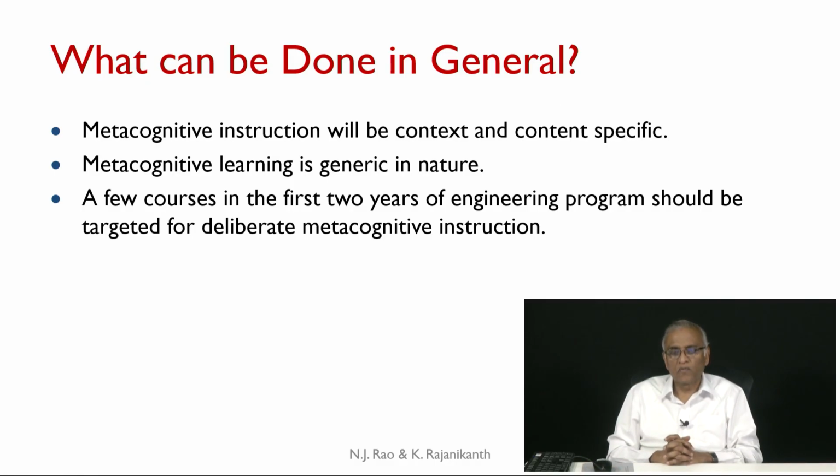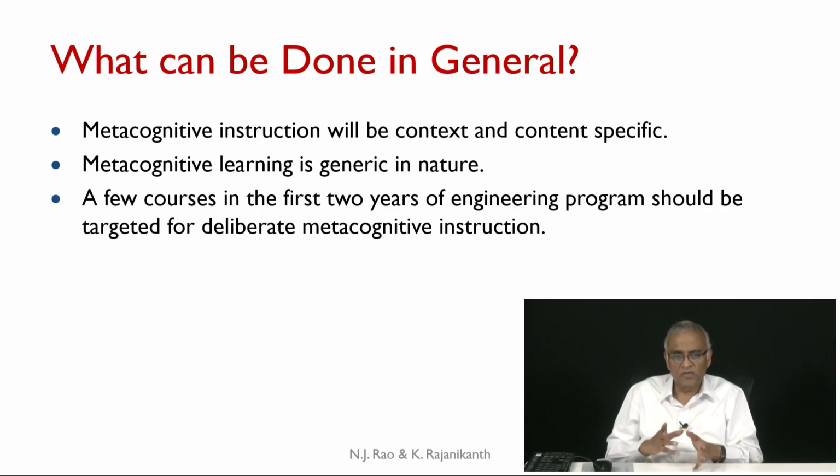And in general, what can be done about metacognitive instruction? First, metacognitive instruction will be context and content specific, as we have stated, but metacognitive learning is generic in nature. So what should we do? A few courses in the first two years of the engineering program should be targeted for deliberate metacognitive instruction.